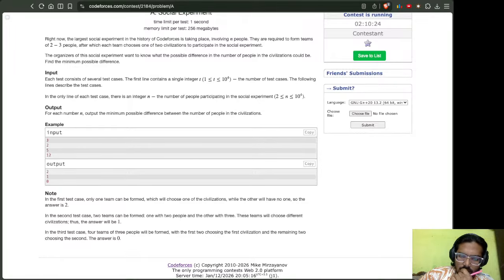One with 2 people and another with 3. These teams will choose different civilizations. First 2 choosing the first civilization and remaining 2 the second.